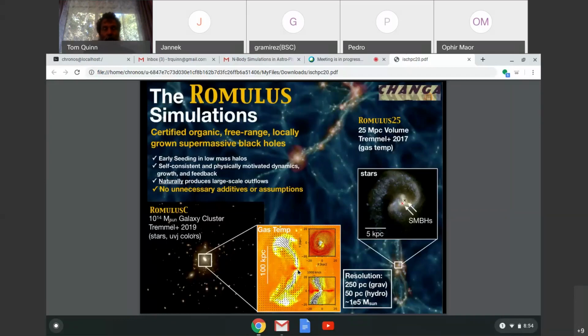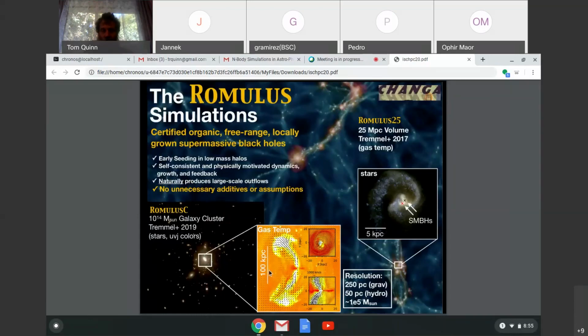So there's a black hole here. It is powering what's called an active galactic nucleus, which is producing this jet-like ejection of material, and that jet is in turn influencing the morphology of the surrounding galaxy.